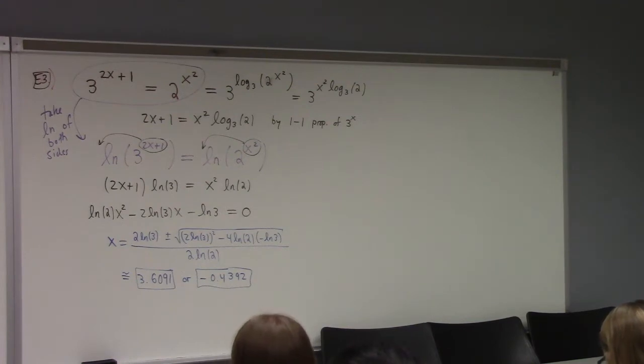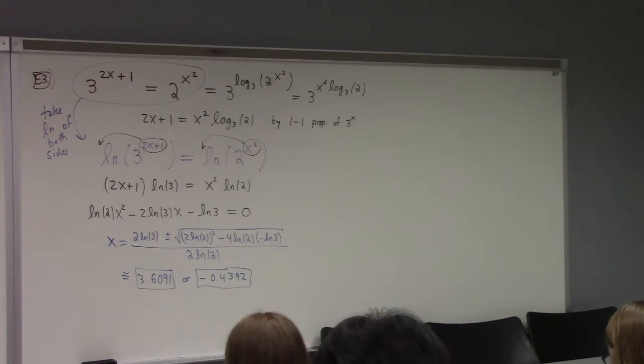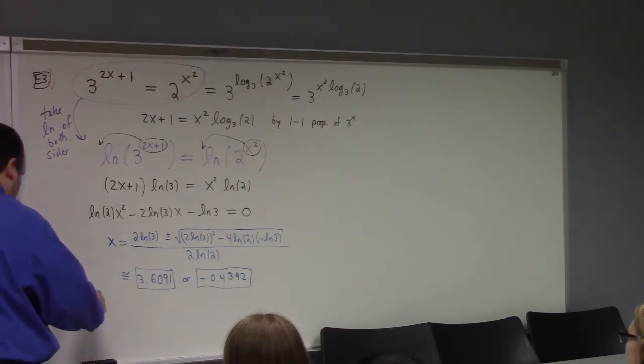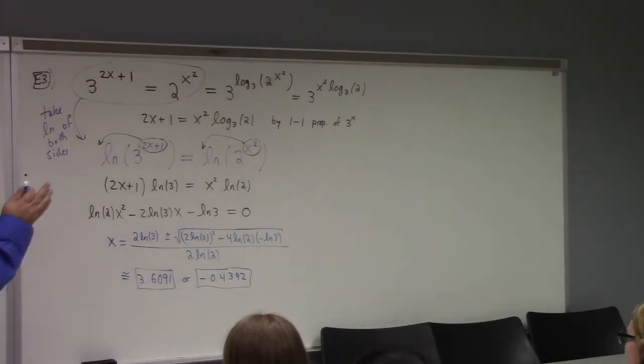If I take 3.609 and multiply it by 2 and add 1 to that, that gives me 8.218. And if I take 3 to the 8.218, what do I get? I get 8,336, okay?